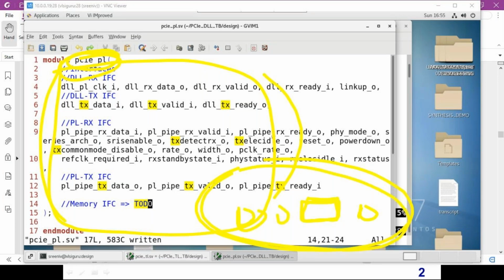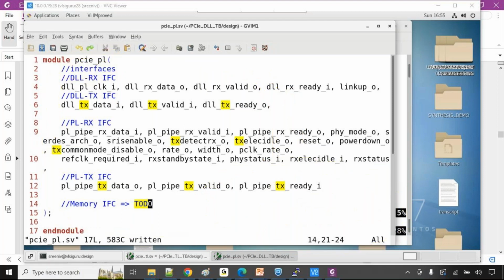Hence we are developing this physical layer code. In parallel, you will also gain good exposure to how to develop RTL code, because this is going to have a complex state machine called LTSSM. How the LTSSM gets implemented and how the state machine gets verified by the test bench, all those things you will learn as part of this course.